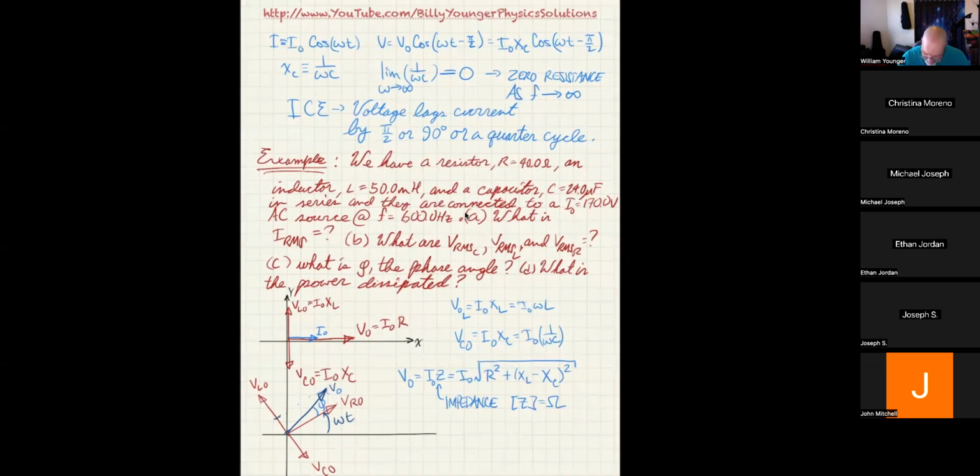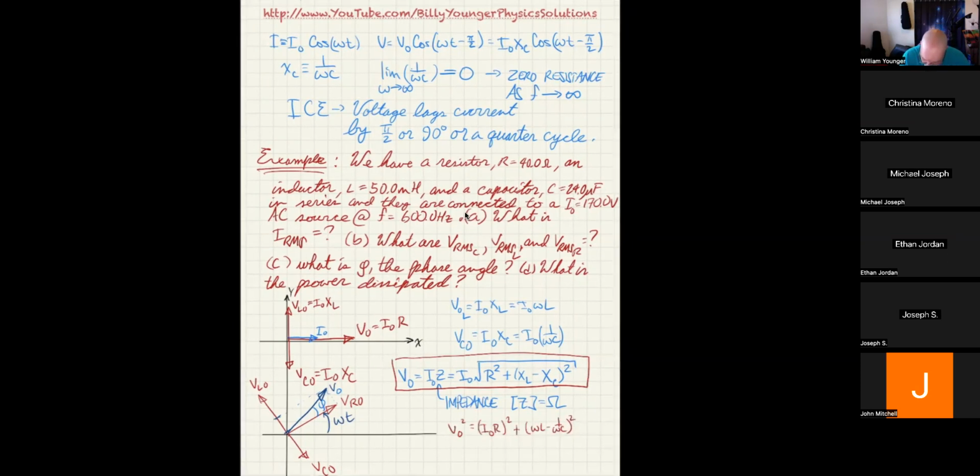So this is actually how we get the net I0 peak, the peak voltage, if you will. And of course, if you want to divide that by the square root of 2, you get the root mean square. You can also see that V0 squared is equal to I0 squared times the quantity R squared plus omega L minus 1 over omega C squared.